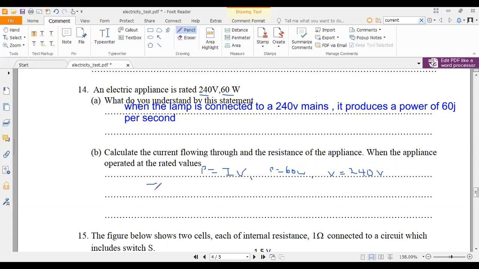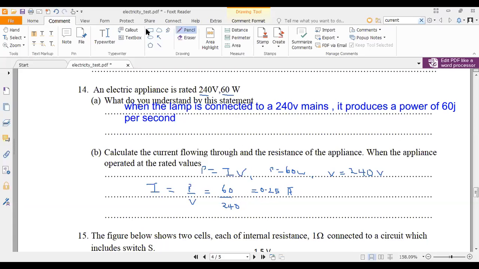So we can go ahead and calculate current as power divided by V, which is 60 divided by 240. This equation will give you the answer for current, which will be in amperes. So 60 divided by 240, I think it gives around 0.25 amperes.